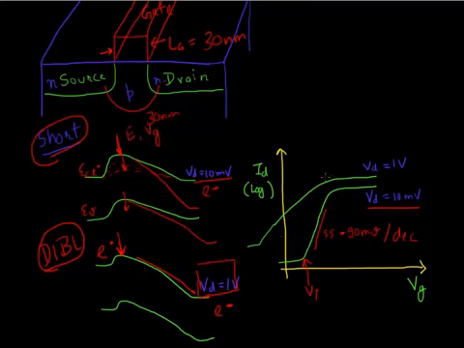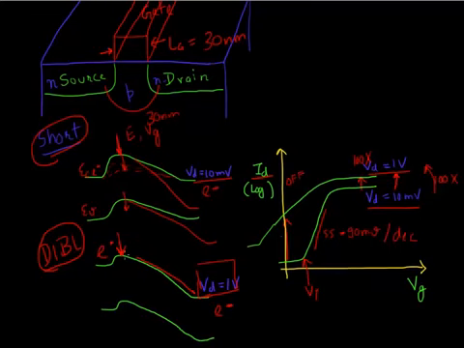When you apply a high drain voltage, say 1 volt, there's a 100x increase in your drain voltage. You see a similar 100x improvement in your drain current, but you see a much larger increase in your off current.